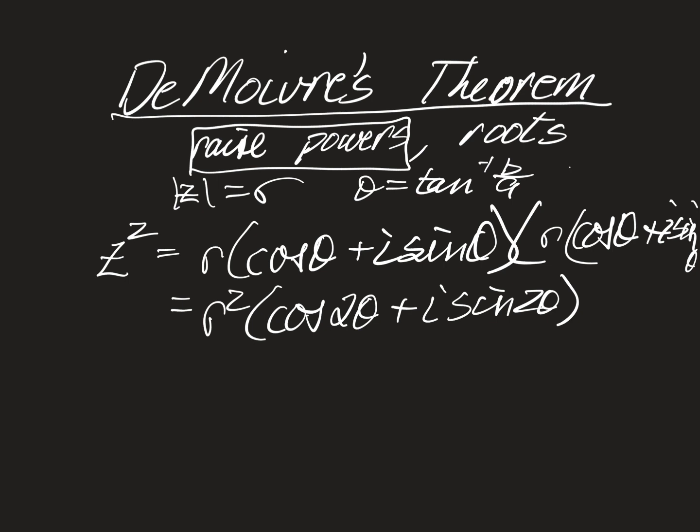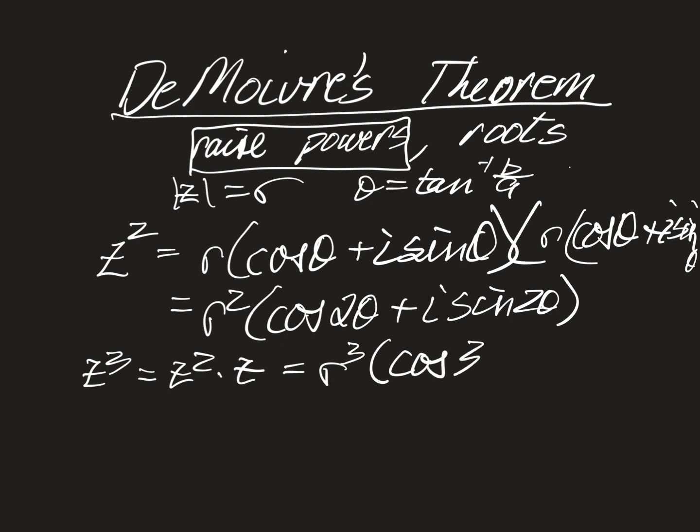And so then we go, okay, what would z cubed be? Well, that'll be z squared times z. And so we know that z is r cosine theta plus i sine theta, and z squared is r squared cosine 2 theta plus i sine 2 theta. So if we multiply those, we're going to get r cubed, r times r squared, and then cosine of 2 theta plus theta, which is 3 theta.